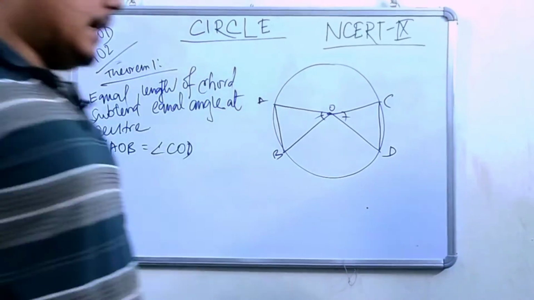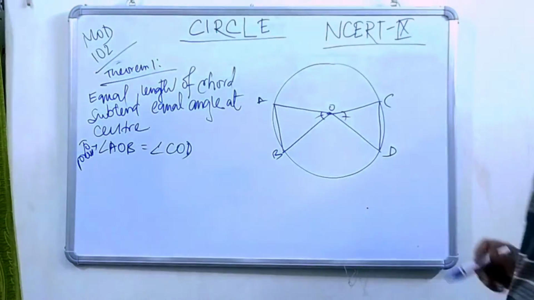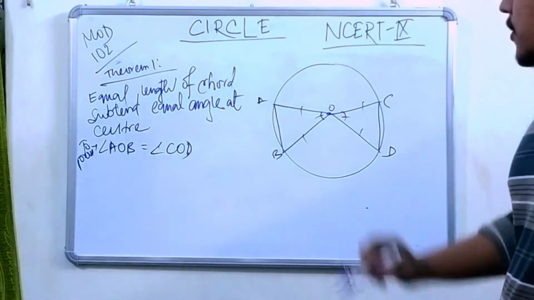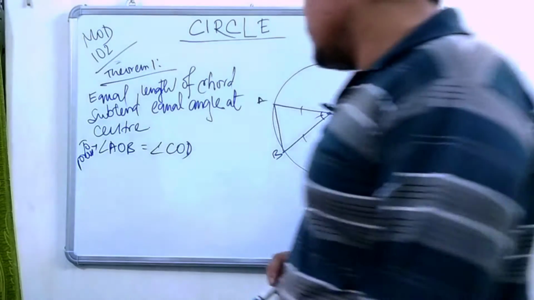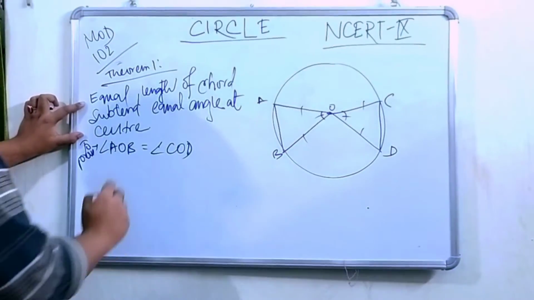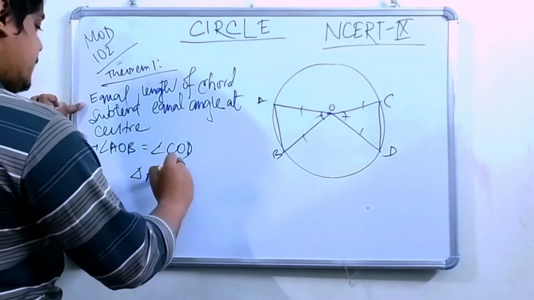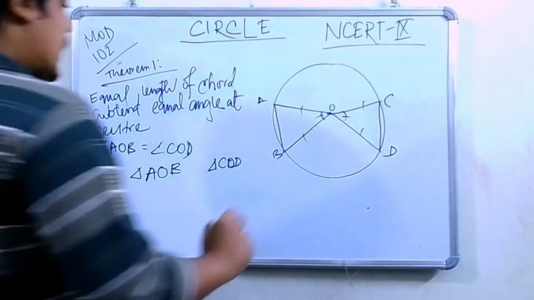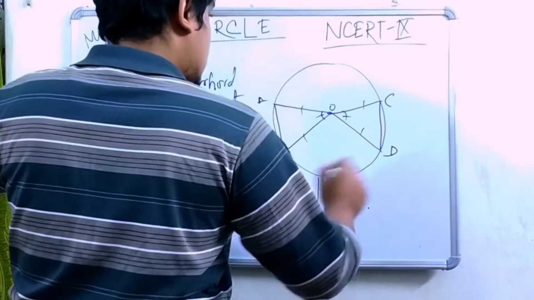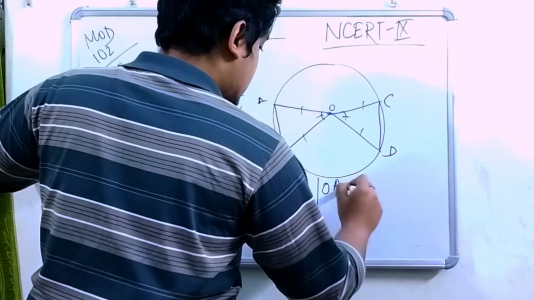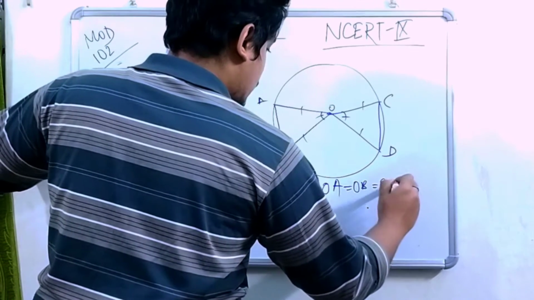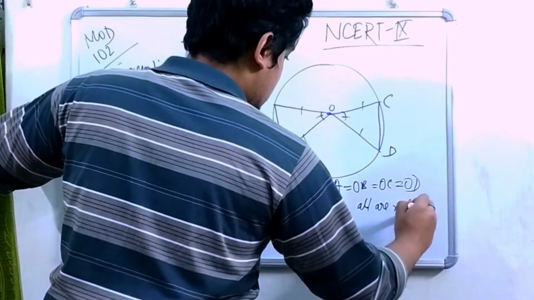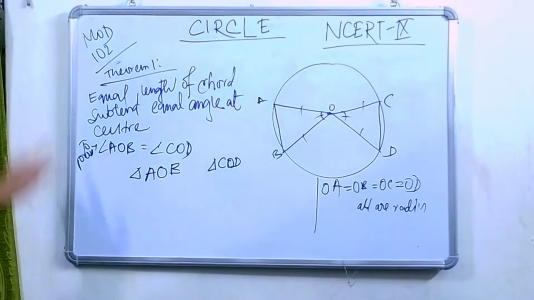Now let's think. First of all, there is no doubt that these four lines are radii of the circle, so all will be equal. So if I consider two triangles, triangle AOB and triangle COD, OA equals OB equals OC equals OD, all are radii, no doubt.